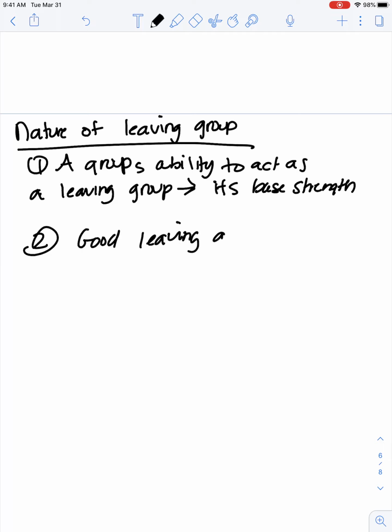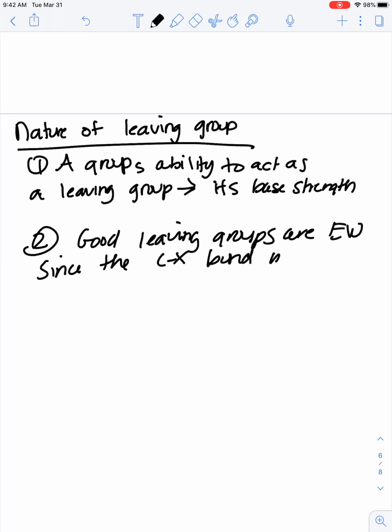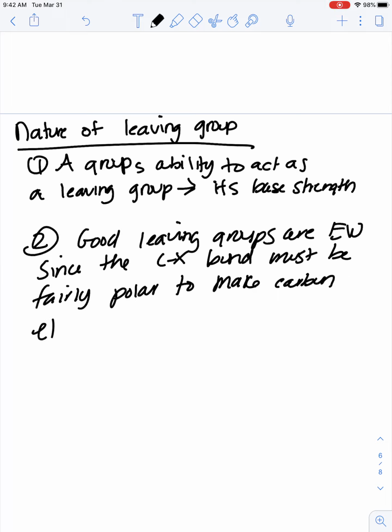Good leaving groups are going to be electron withdrawing, since that C-X bond must be fairly polar to make the carbon an electrophile. Electron withdrawing, remember, just means it's going to draw electrons away from the reaction center.